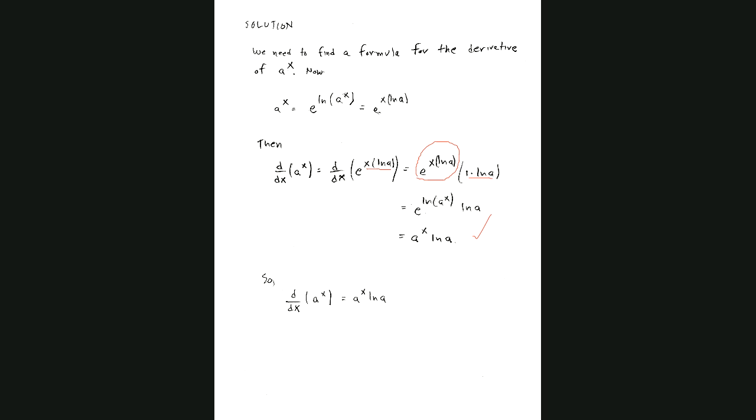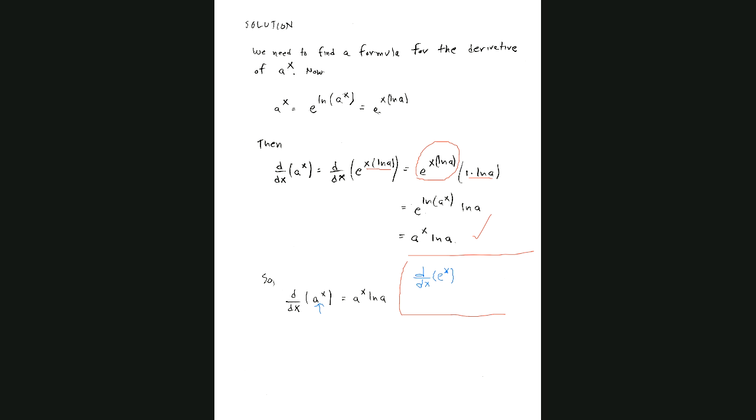And we'll note that the formula works for, let's go back to the derivative of e to the x power. Now that's base e. So what if a were equal to e? Base a here doesn't have to be e, but what if it were?